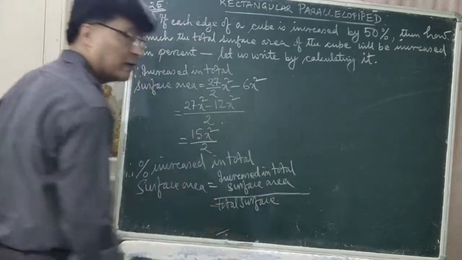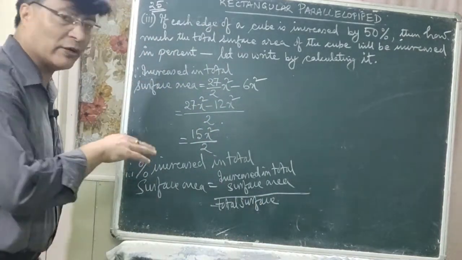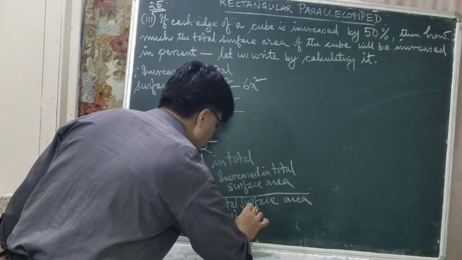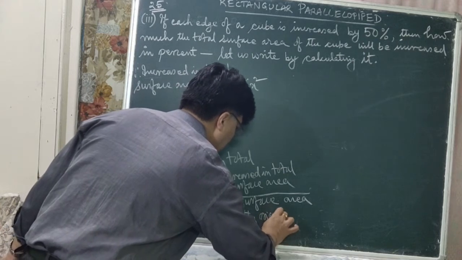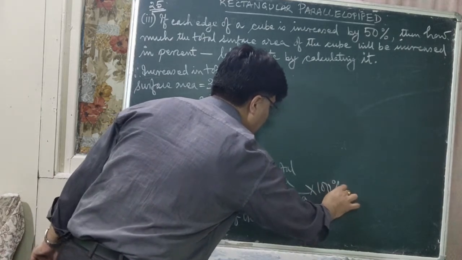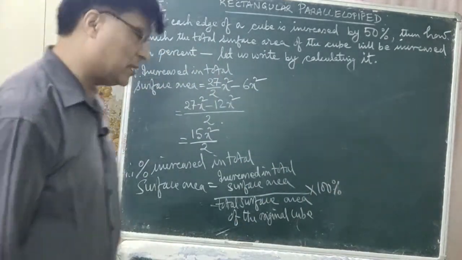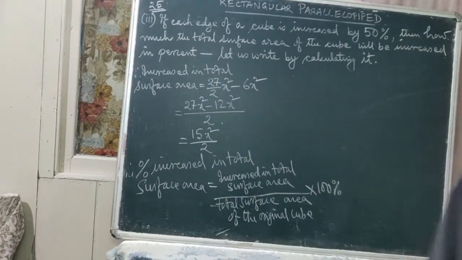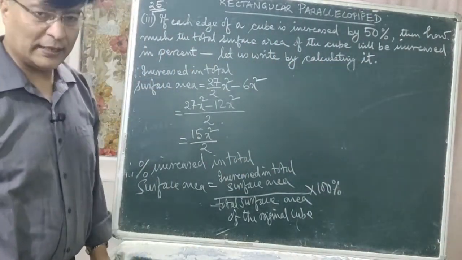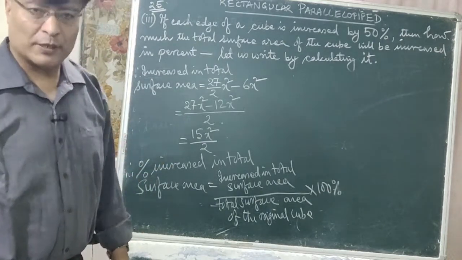Put the original cube's. Not of the new cube, but this should be of original cube. That is total surface area of the original cube, into 100. Then it changes to percentage. So you can copy it. So you have to remember this formula, right? That is percentage increased in total surface area is equal to increase in total surface area divided by total surface area of the original cube into 100%. Okay? Multiplying by 100 converts it into what? It converts to percentage.